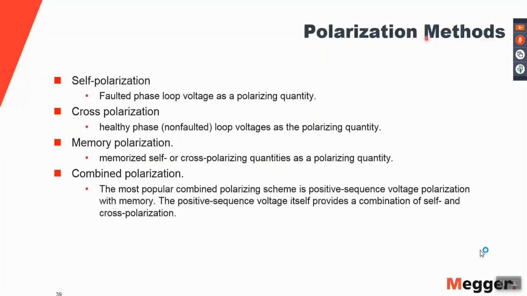Now, the polarization methods used change the behavior of the protection characteristics. The modes change a little bit. So it's important to know what type of polarization method is used in order to protect the system properly.